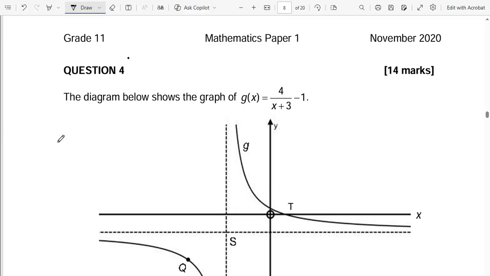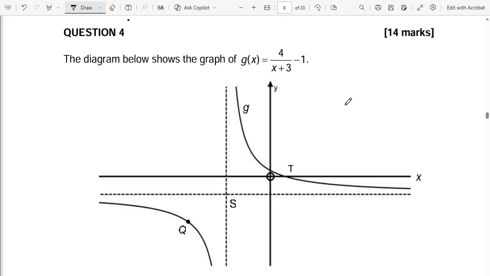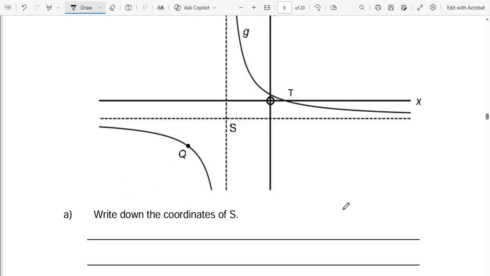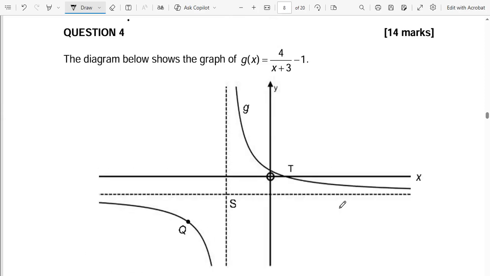So the diagram below shows the graph of this hyperbola. We can see that. First question, write down the coordinates of S. Without any wasting of time, just note that this line here is a vertical asymptote, and this one will be a horizontal asymptote.